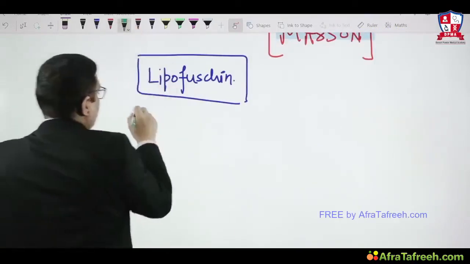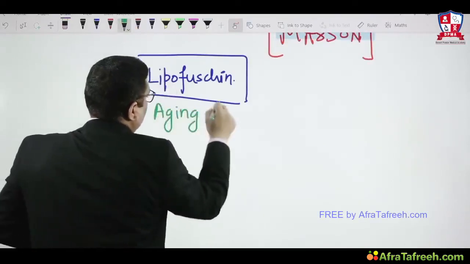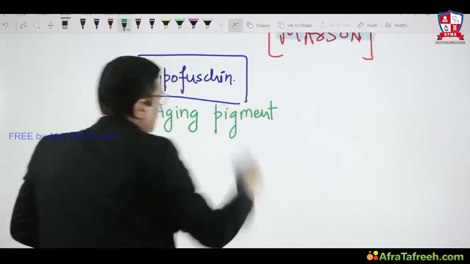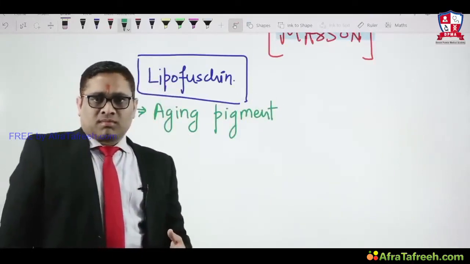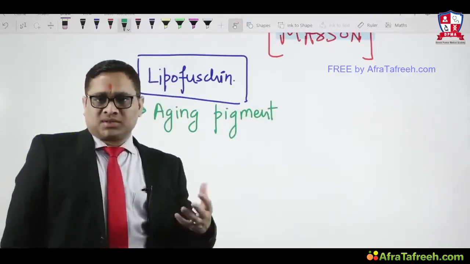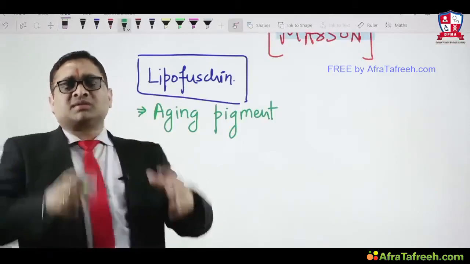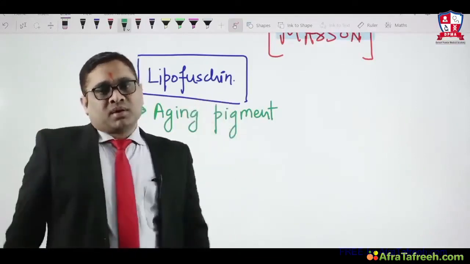That is the important thing we have to remember. Lipofuscin is also known as aging pigment because it is a normal pigment which is formed in our human body because of the free radical damage. As you remember, when we were discussing free radicals, I told you normally free radicals are produced in our human body because of the oxidative stress on the mitochondria.